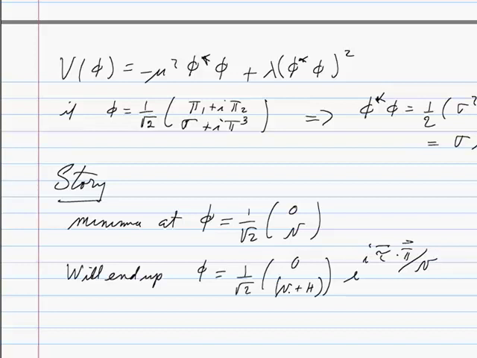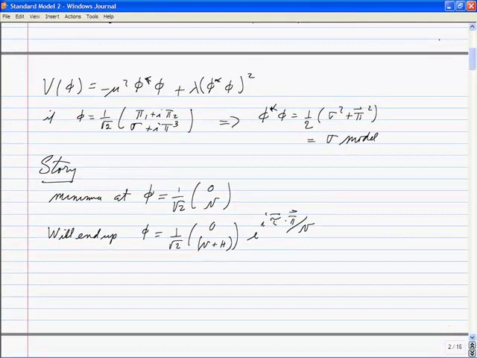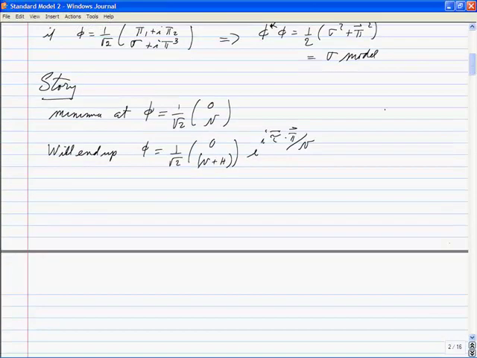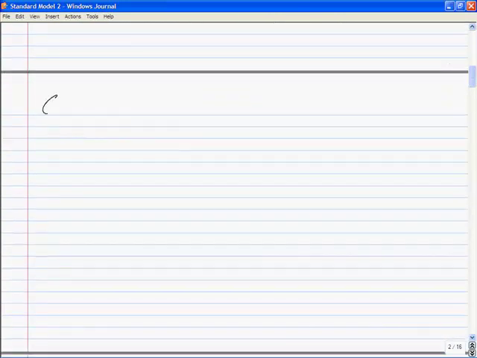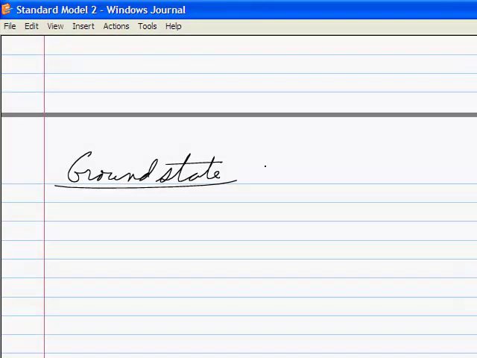That's the same as we did for our sigma model. I'm going to come back to that. Let's now just look at the ground state. This is the masses of the gauge bosons.